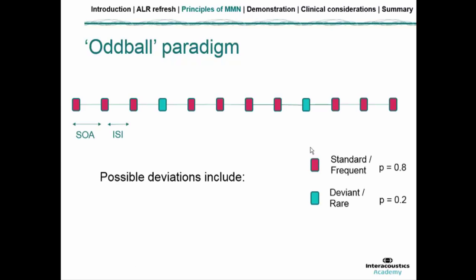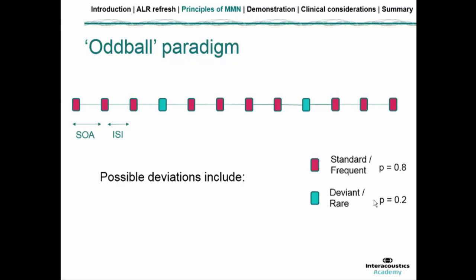Interspersed at random in this train of stimuli are other stimuli known as deviants, illustrated in blue here. There are two in this small stimulus train, and these deviant stimuli occur with a probability of 20%. If you add the two together, we get 100% probability that a stimulus will occur at some point.